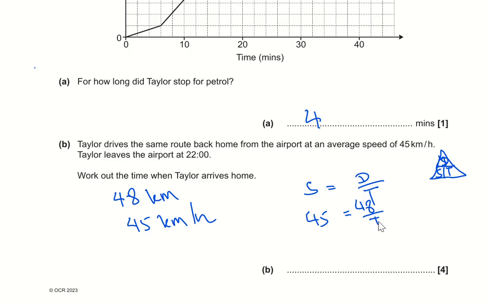So if I take t to this side, t equals 48 divided by 45. 48 divided by 45 is 1.0666, so I'm going to round it: 1.07 hours.